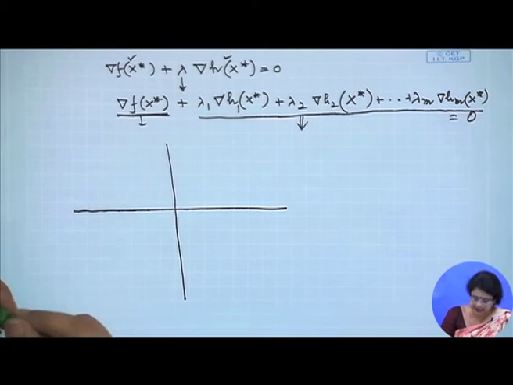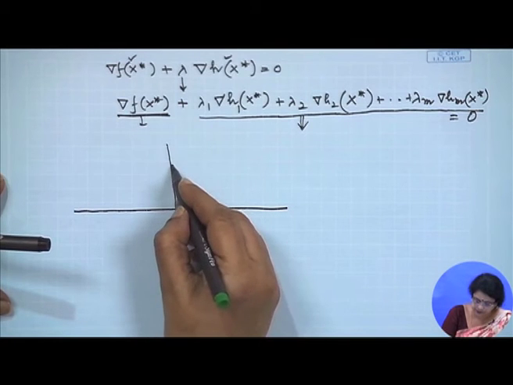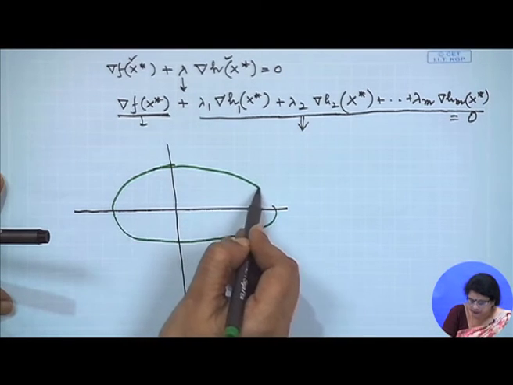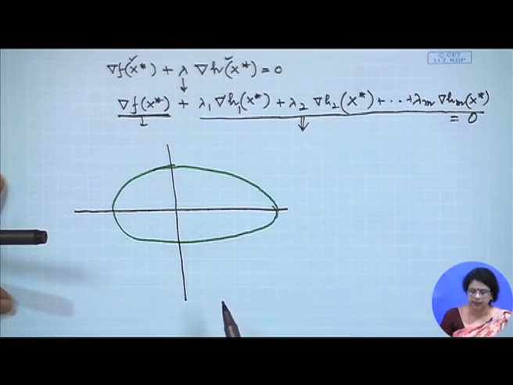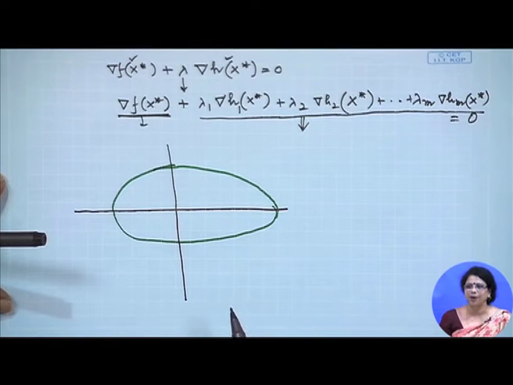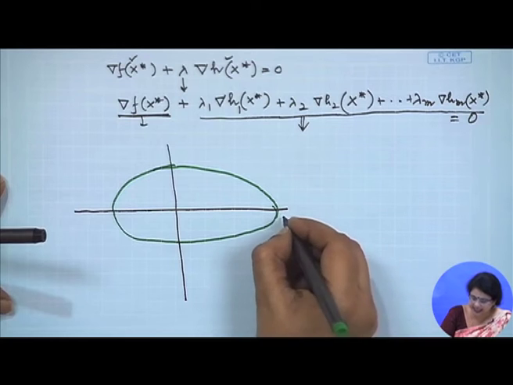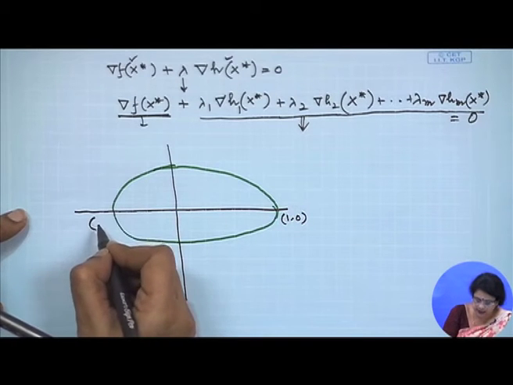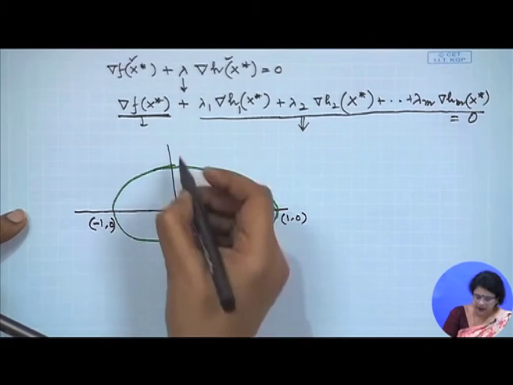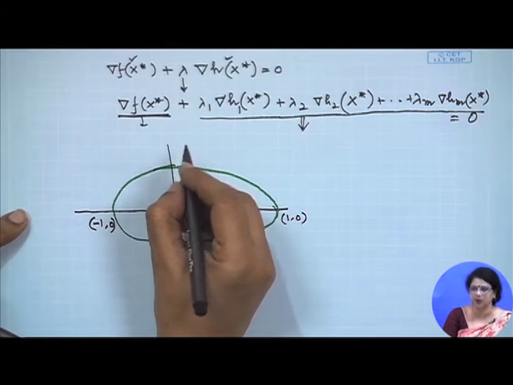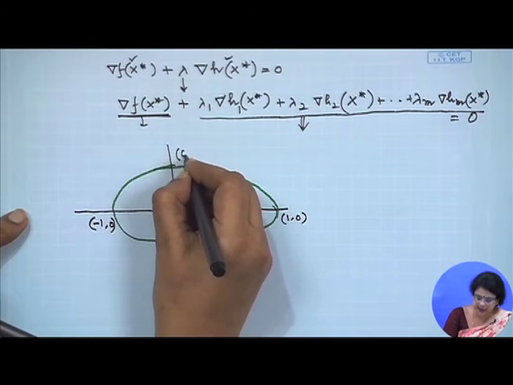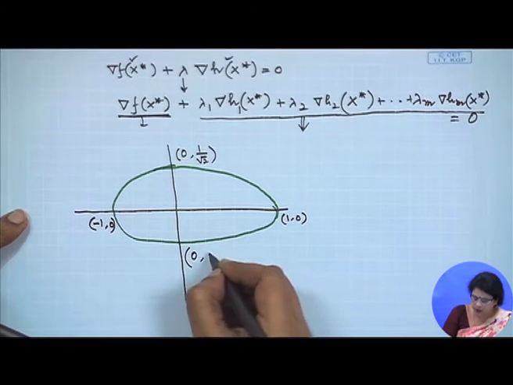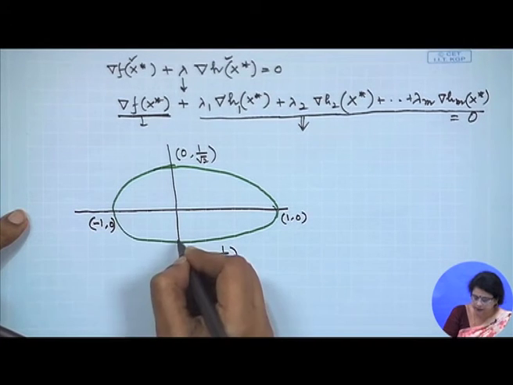Considering the ellipse, the drawing is not good enough, but this is the ellipse. From the equation, this point is 1, 0, this point is minus 1, 0, and in y, since 2y square is equal to 1, this point is 0, 1 by root 2, and this is 0, minus 1 by root 2.